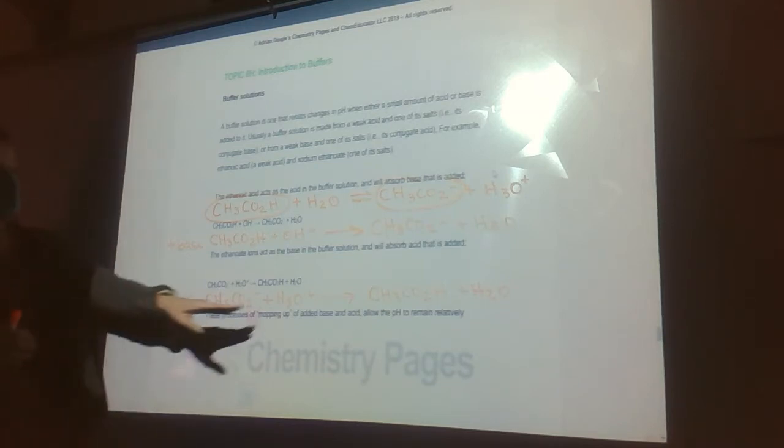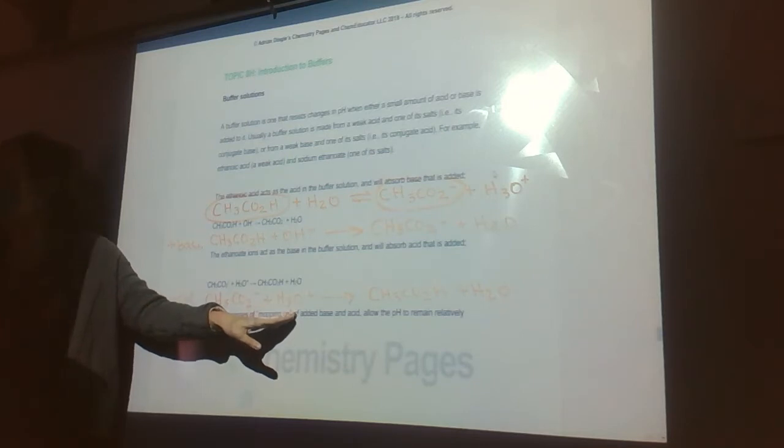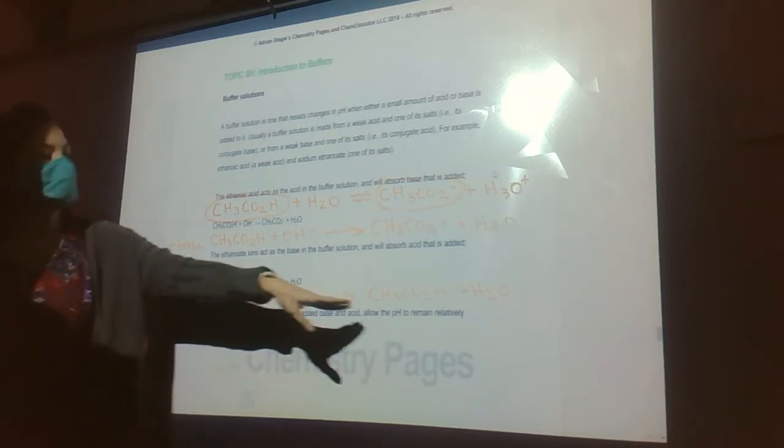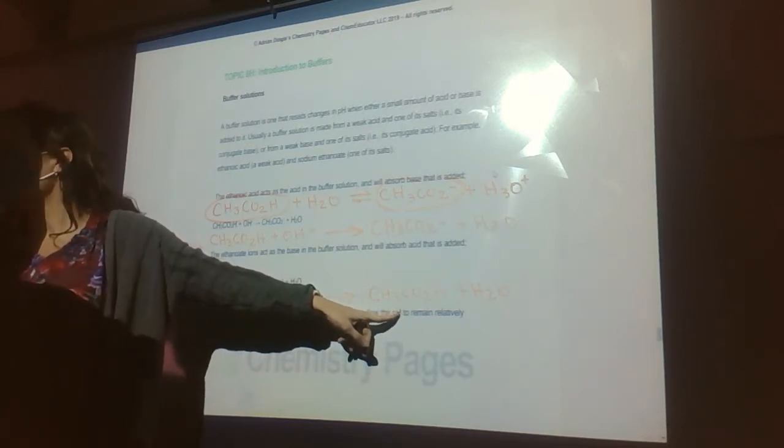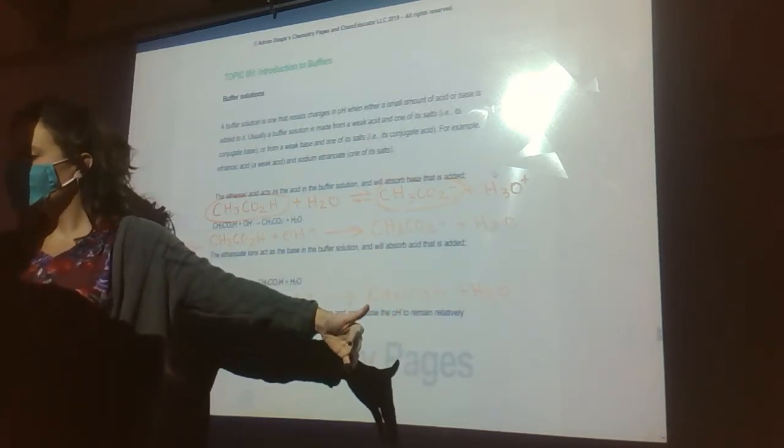So what should have made the pH go way down has now minimally changed the pH because I've made weak acid, which has a higher pH, right? And water. So what a buffer does is it takes things that should have drastically changed the pH and minimized it. Made it to where the pH doesn't change a whole lot.